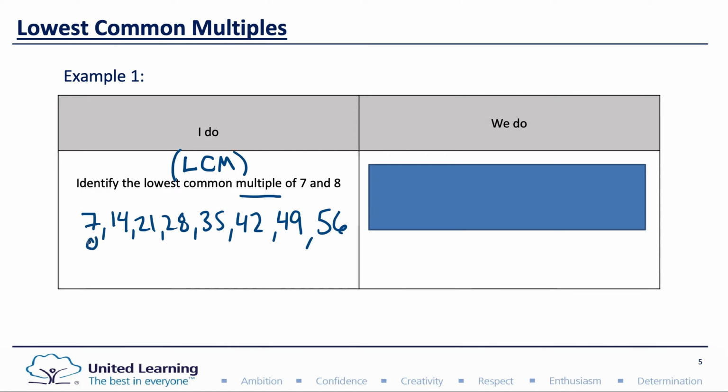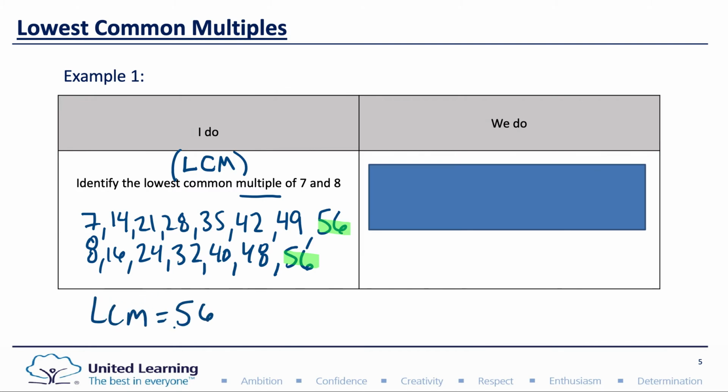All right, 8, 16, 24, 32, 40, 48, 56. Oh, look at that. So the first or the lowest multiple they have in common is 56. So that is my LCM. Perfect. Hopefully that rings a bell from what we did in class.